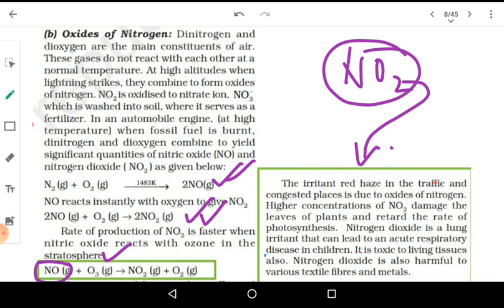Also, a higher concentration of NO2 can damage the leaves of plants, and it can also retard the rate of photosynthesis. Nitrogen dioxide is again a lung irritant, and it can also lead to acute respiratory diseases in children. Again, it is harmful to living tissues, and also to various textile fibers and certain metals as well.